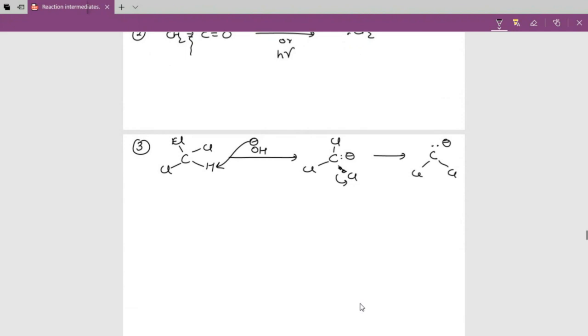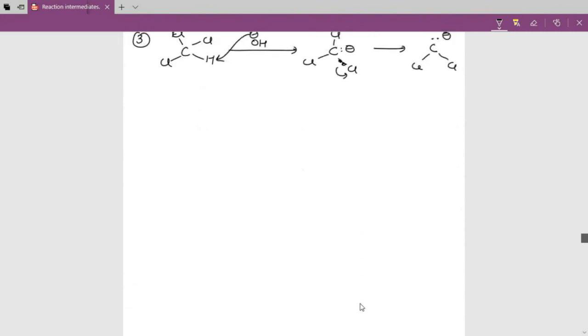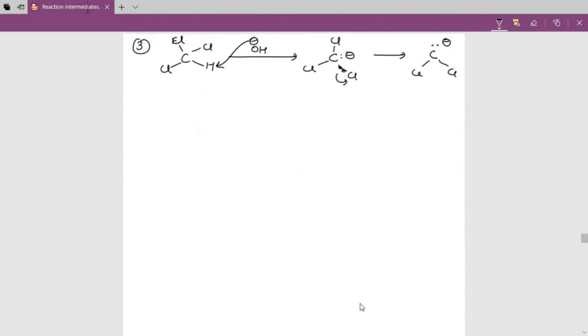So there are several different sources of carbenes. Besides this, there are also several methods. It is not that just these are the methods, but I just exemplified a few where carbene is formed during the reactions.